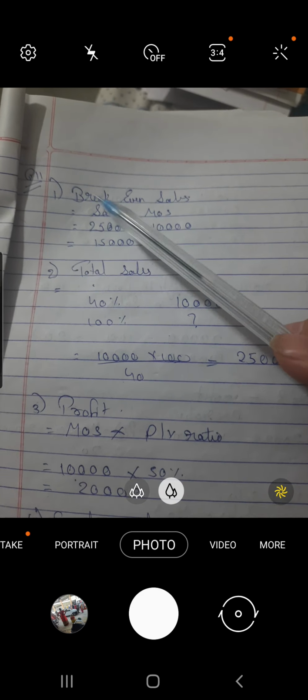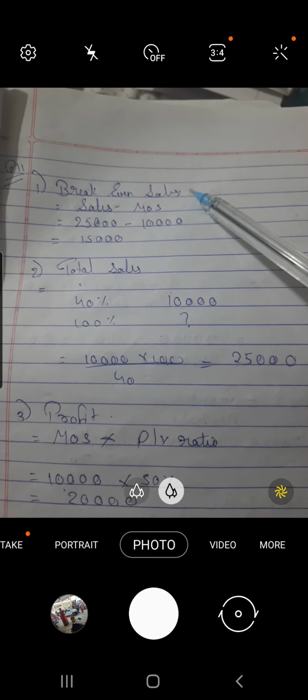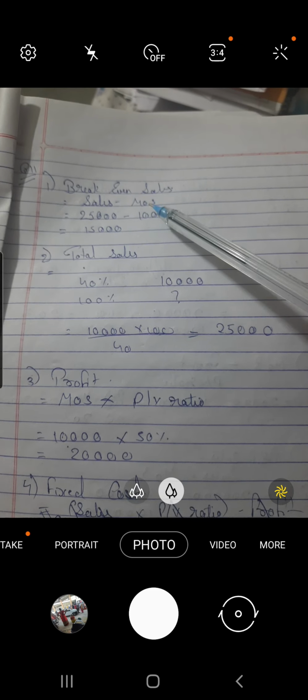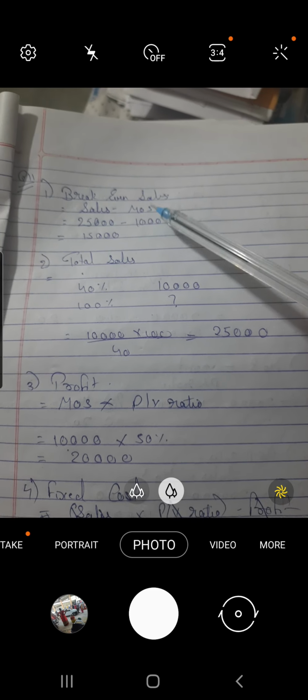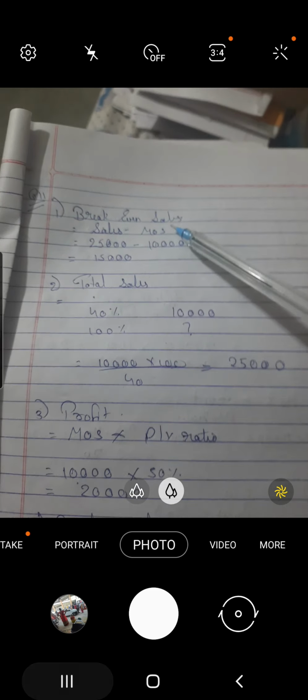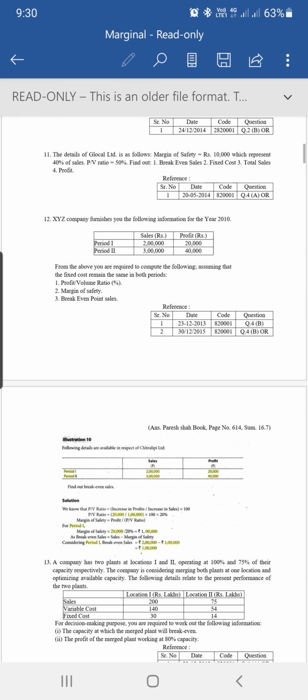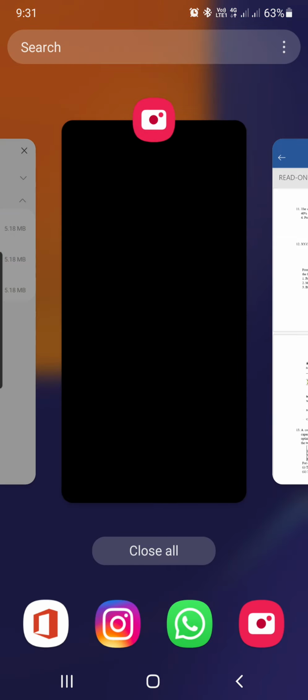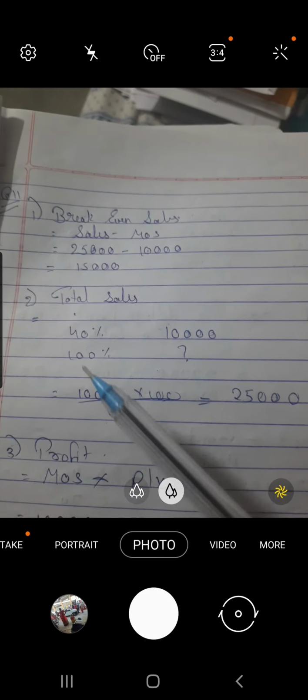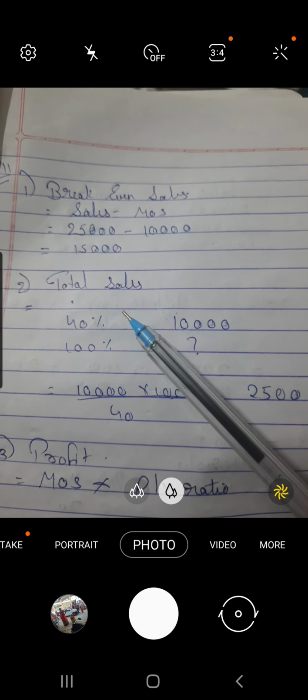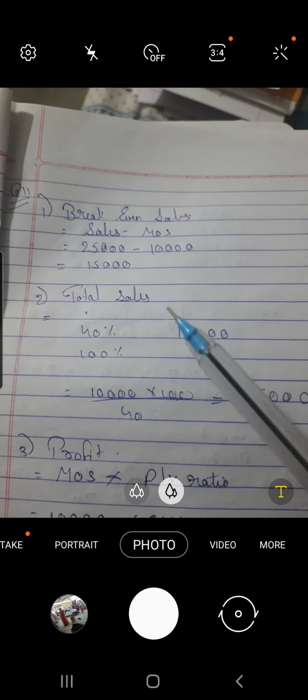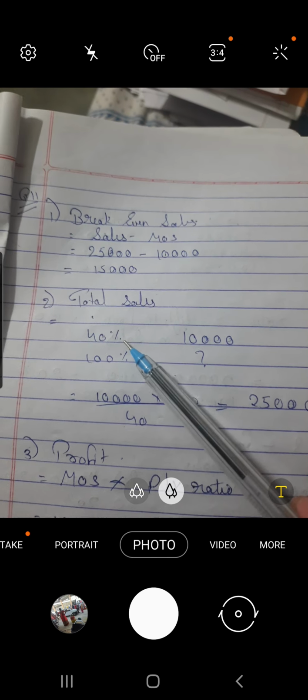First of all, we have to find out break even sales. The break even sales formula is sales minus margin of safety. Here in the question, margin of safety is given as 10,000 and it is 40% of sales. First, we have to find out what the total sales is. 10,000 is 40% of sales.